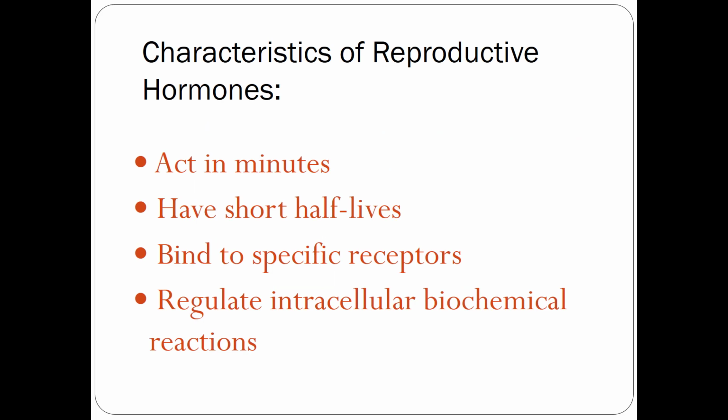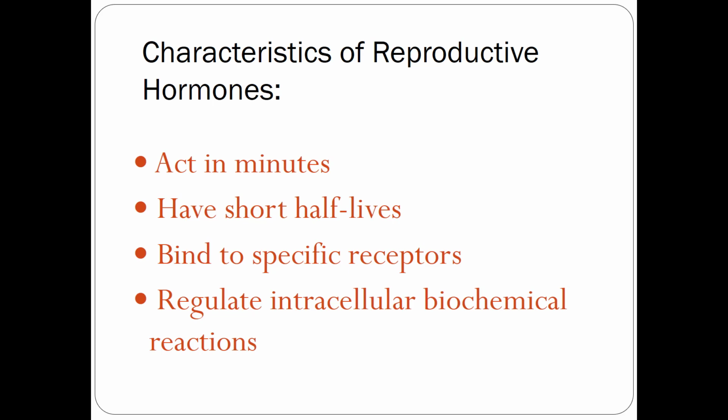All right, as we end here with this first part of the lecture, there are some specific characteristics that our reproductive hormones have that we're going to look at more in depth. Specifically, hormones that have a reproductive target act in minutes, so very quickly.